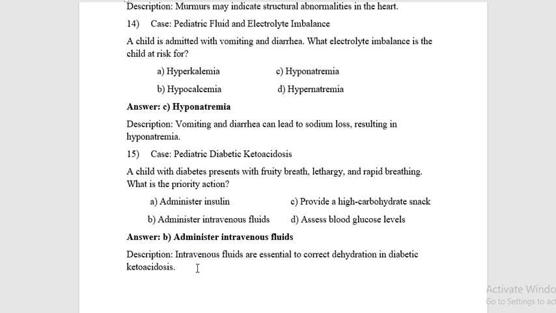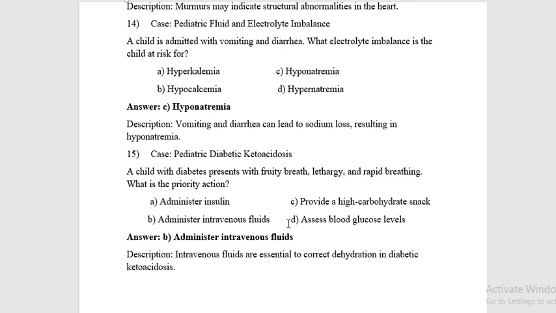Question 15. Pediatric diabetic ketoacidosis. A child with diabetes presents with fruity breath, lethargy, and rapid breathing. What is the priority action? A, administer insulin.